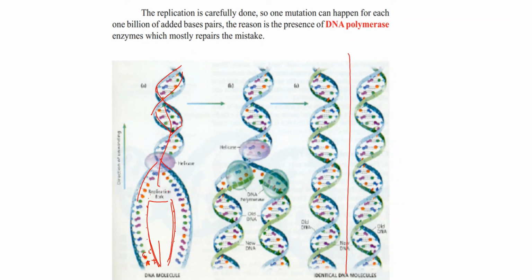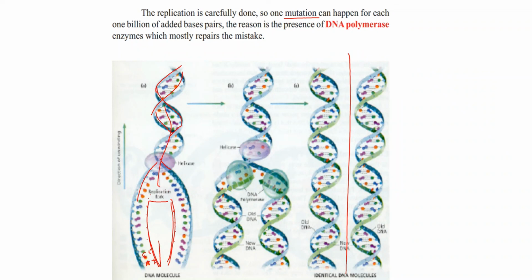When the building, or replication, copying of DNA is ended, the DNA polymerase enzyme works to prevent mutation, which is the changes that happen in genetic material.